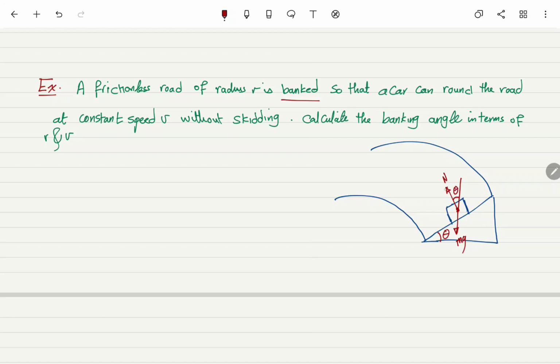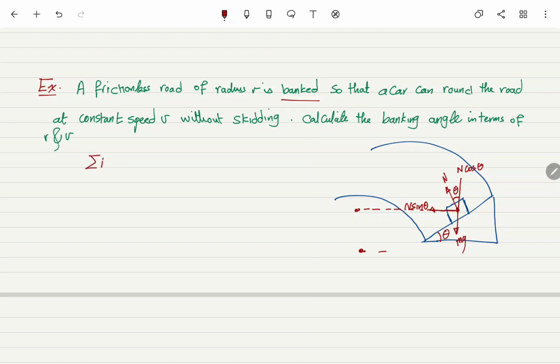After analyzing the normal, we have N cosine theta and N sine theta. The reason we analyze the normal is that the center of the circular path is like in this one here, not in this one here. Without further ado, let's do the calculations.